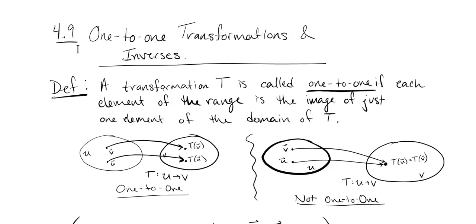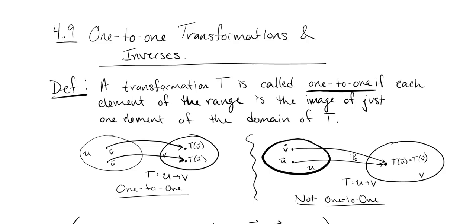And already thinking about the title of this section, one-to-one transformations and inverse transformations, we might see why this one-to-one property is pretty important. If I wanted an inverse, something that goes back from the codomain to the domain, back from the range to the domain, I want this to be able to tell me, given any image value over here, what was the specific domain value that mapped to that.